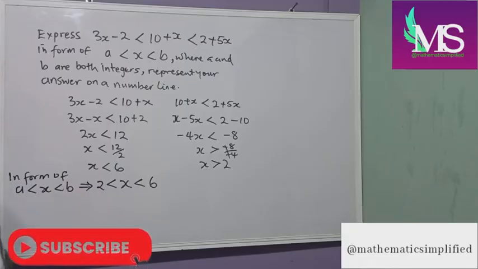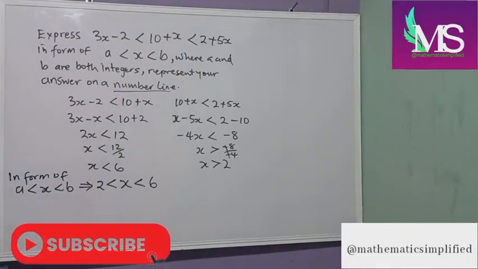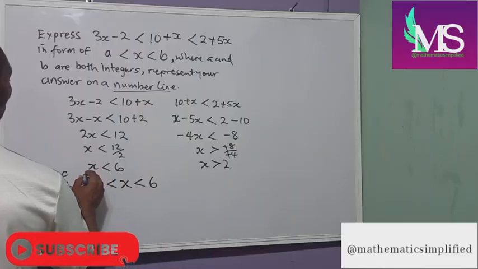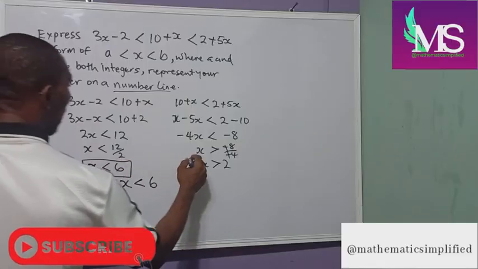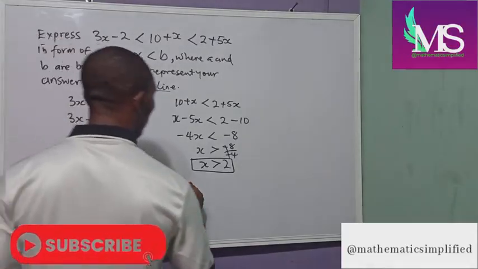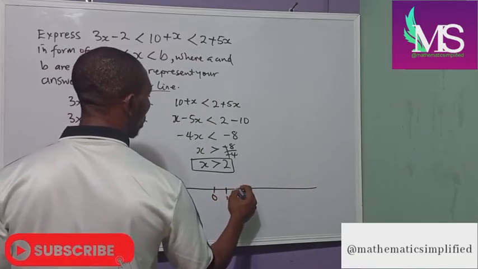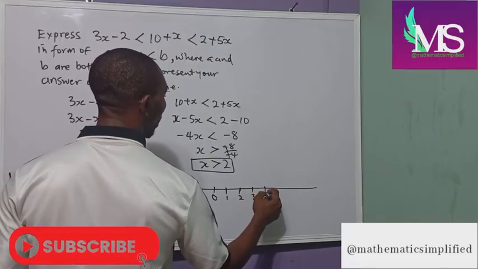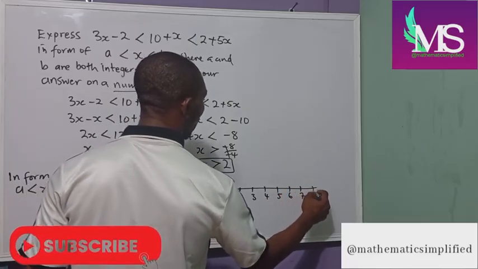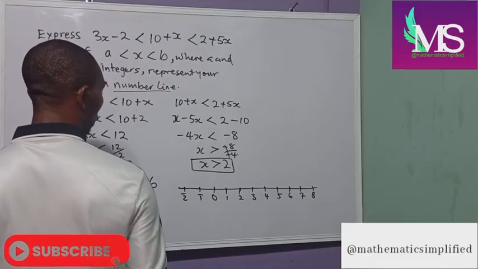Okay, now next we are looking at representing this on our number line. We have to represent both on a single number line. So we have a number line this way, from 0, 1, 2, 3, 4, 5, 6, 7, 8, minus 1, minus 2, and so on.